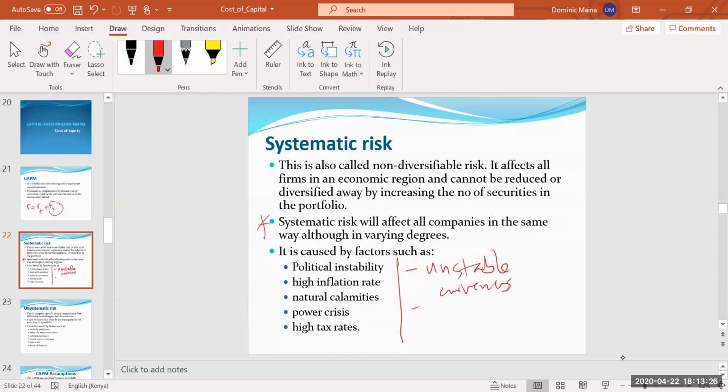Also, don't forget everyone is affected. Actually, unstable currency and forex risk are the same thing. So I can just write high foreign exchange risk.